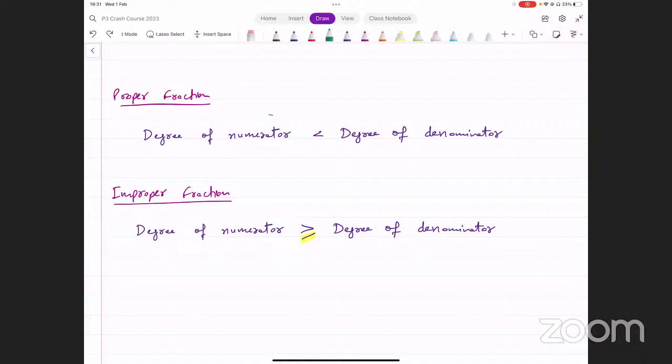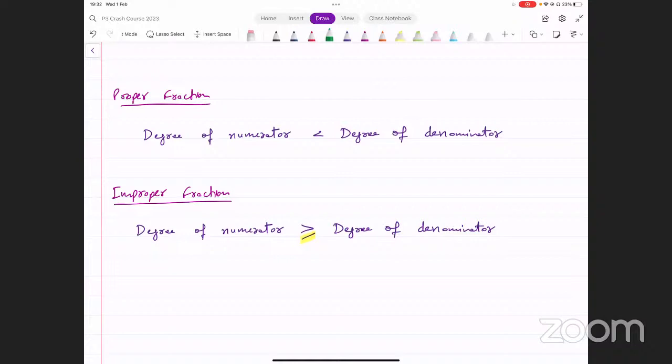It'll either be a proper fraction like this, or it will be an improper fraction where the degree of the numerator and the denominator are both equal. It's going to be one of these two cases. You won't have the case where the degree of the numerator is greater than the denominator in partial fractions.